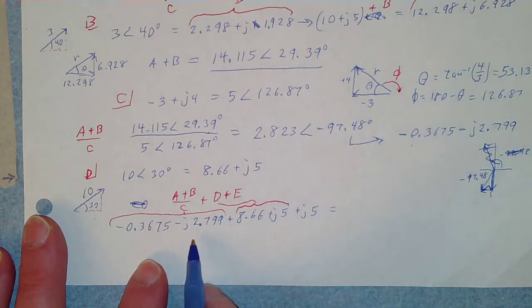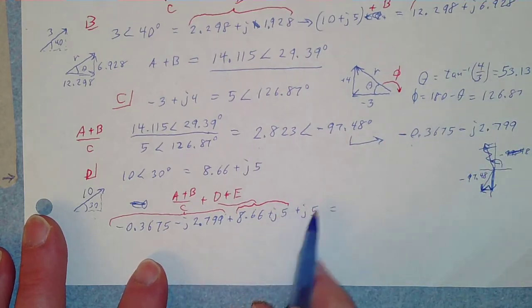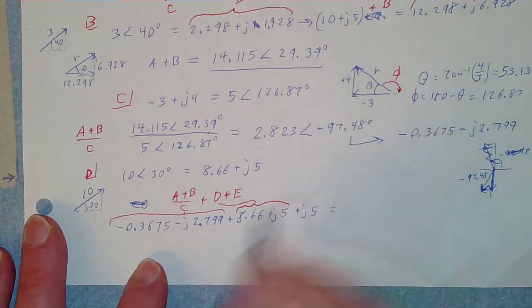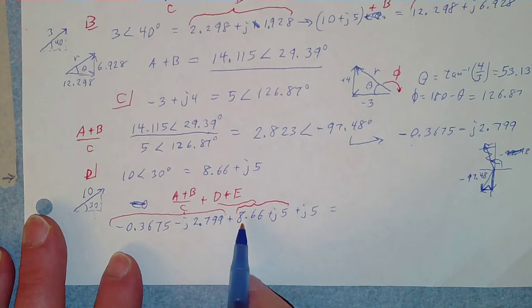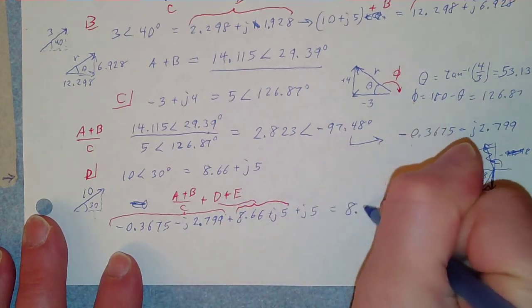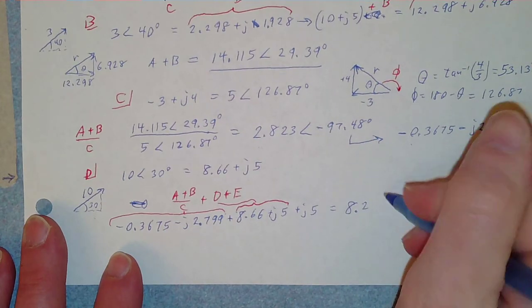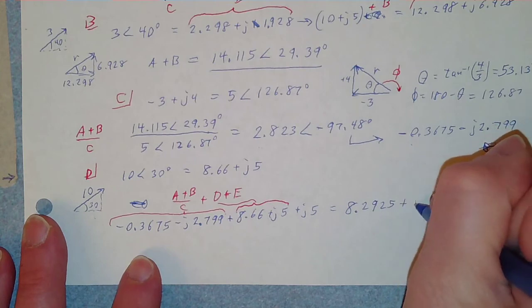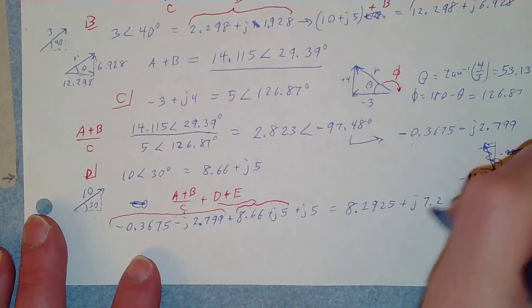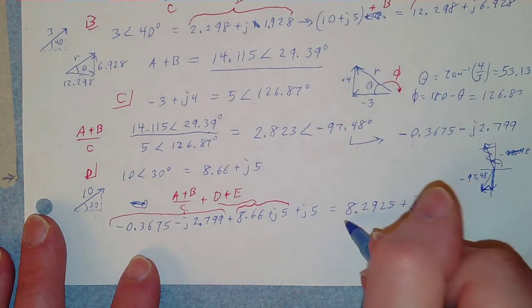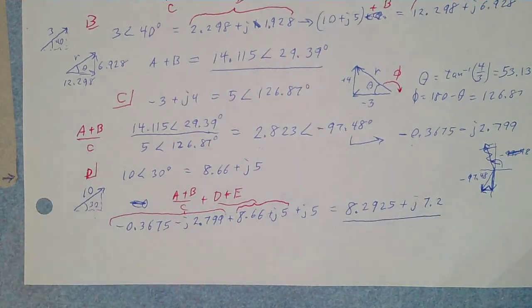So here we just lump terms, and we've got 10J minus 2.799. Let me do the front number first: 8.66 minus that, we get 8.2925 plus J7.2. This is our answer for part B.